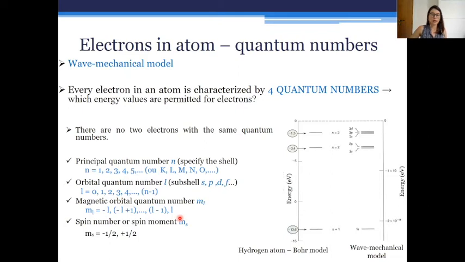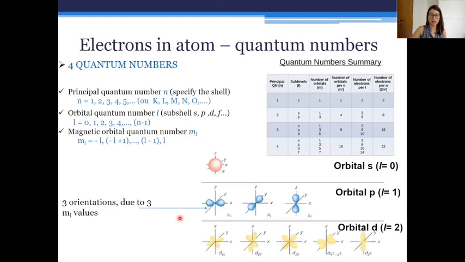And so we can maybe have a look directly at this slide. On the figure, you can see that for the case of the s orbital, L equals 0, so there is only this one orientation.